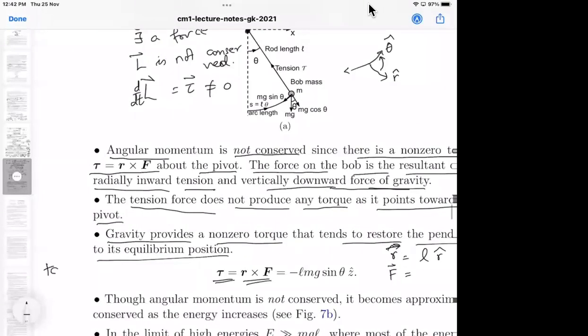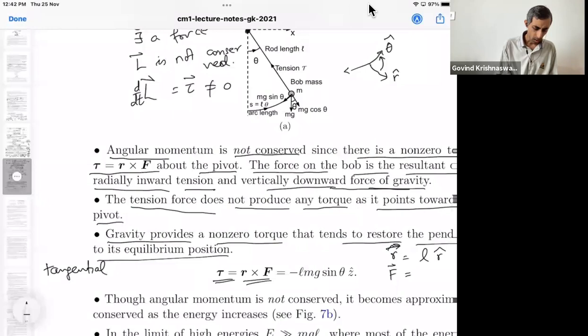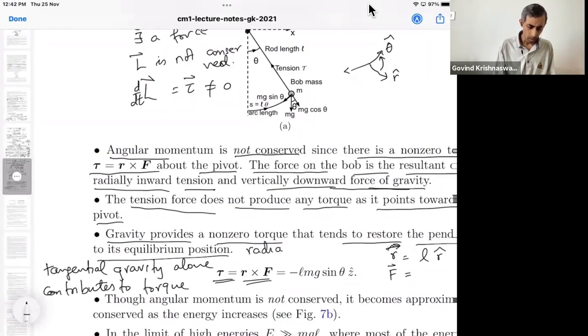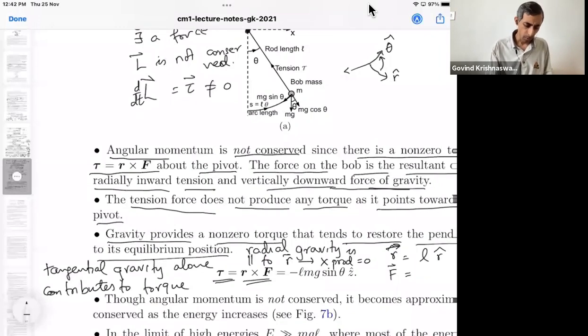So tangential gravity alone contributes to torque. The radial gravity is parallel to the radius vector, and therefore the cross product is 0. So we might as well just take the tangential component and the R vector and take the cross product between them.